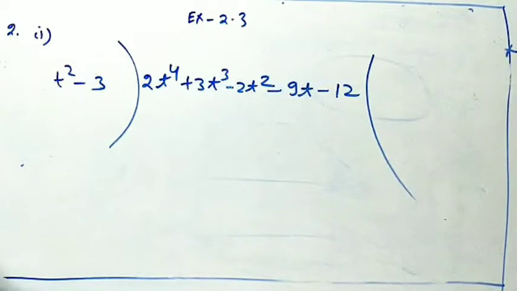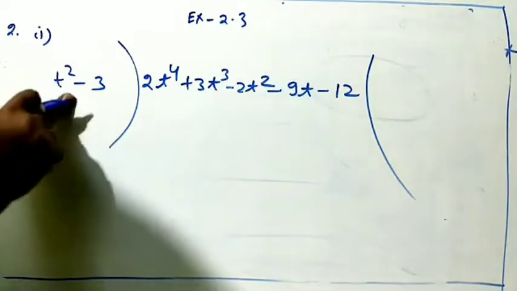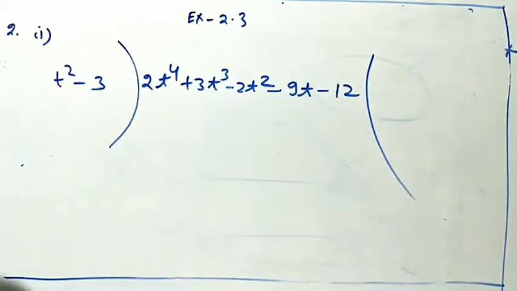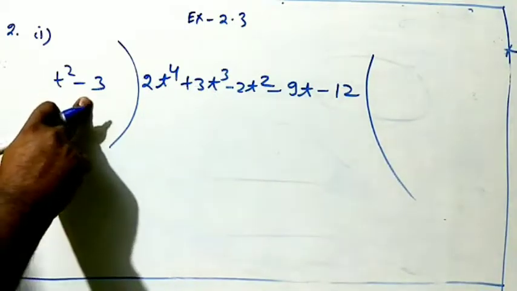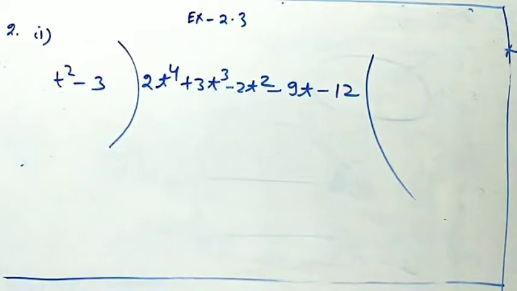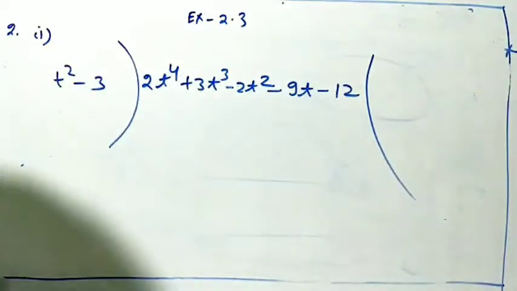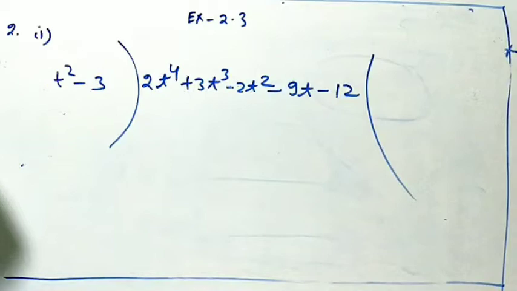So they are asking about the first polynomial. This is the first polynomial and this is the second polynomial. They are asking whether the first polynomial is a factor of the second polynomial by dividing the second polynomial by the first. So check whether this is a factor of this polynomial or not. Don't waste the time, just divide.